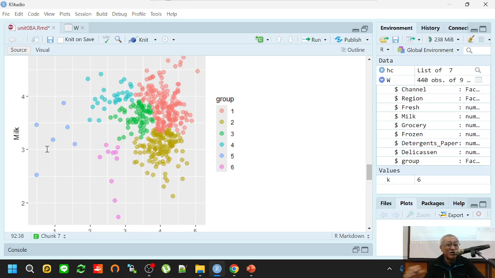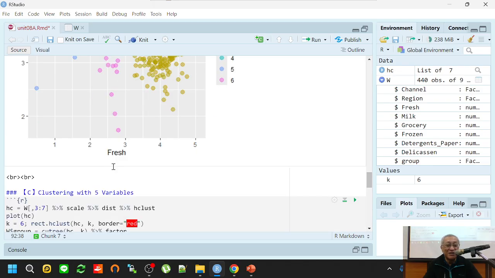So you can have the groups like this one. This is a simple example.